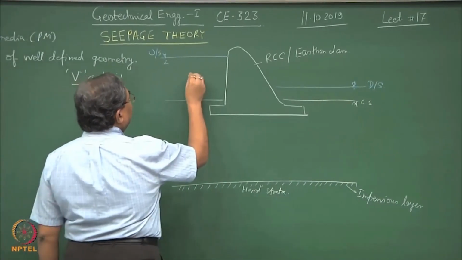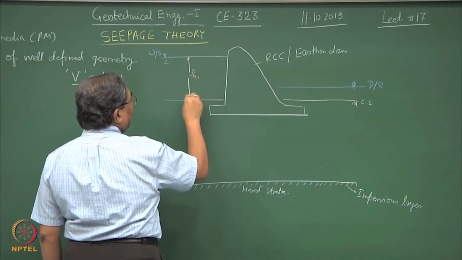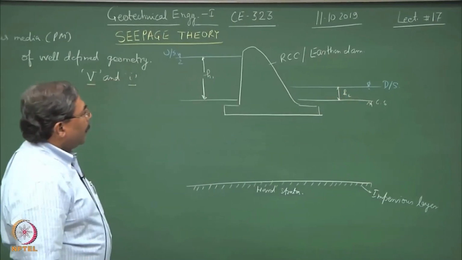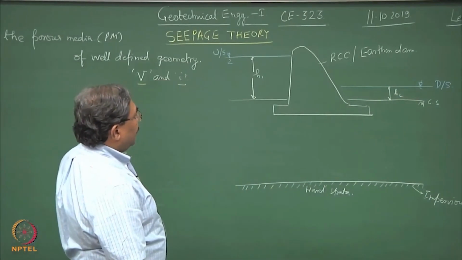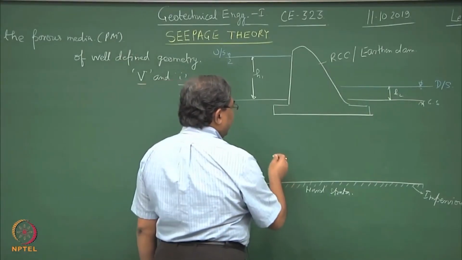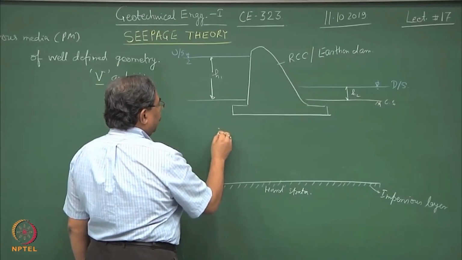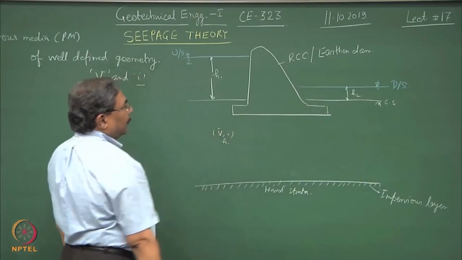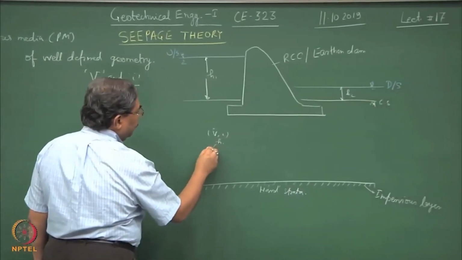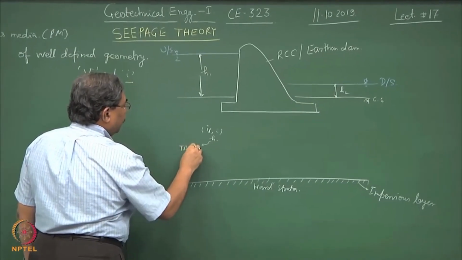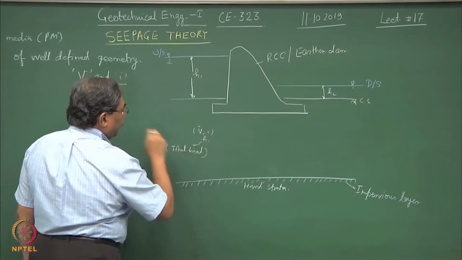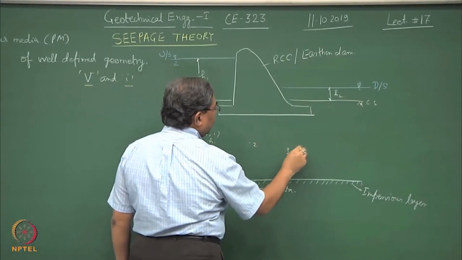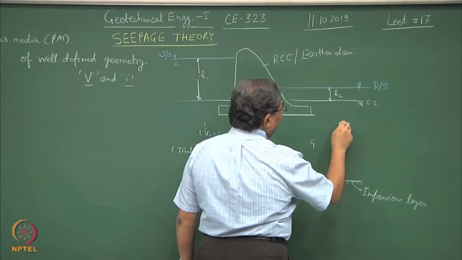If I define this as H1, and if I say that the height of the downstream water column is H2, now I hope you realize that it would be very difficult for me to find out the value of V and I, and for that matter even the H value, where H happens to be the head at different points. So this could be point number 1, point number 2, point number 3, point number 4, 5 and so on.